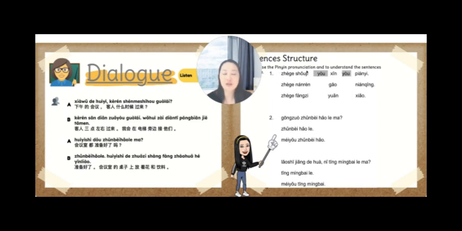Firstly, we have the subject, which is a noun, right? And then the word 又 means also.